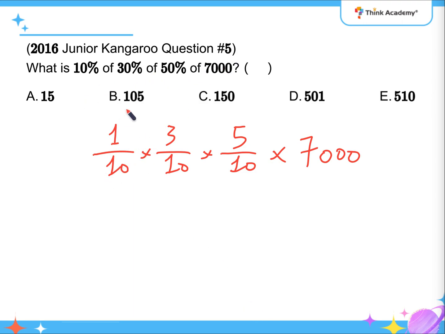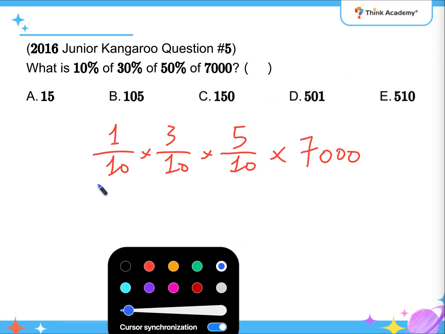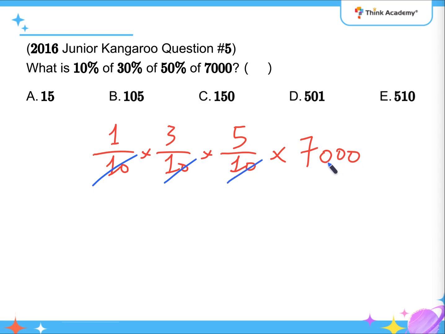Because now if I'm finding a tenth of 3/10 of 5/10 of 7,000, I can cross out the 3 zeros with the 3 zeros, because I'm dividing 7,000 by 1,000 first. So I have 1 times 3 times 5 times 7, which means that the answer is going to be B for 105.